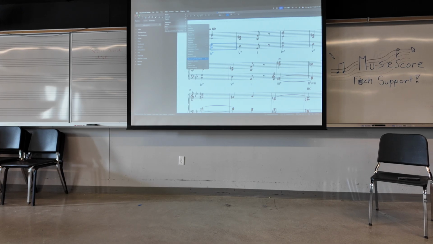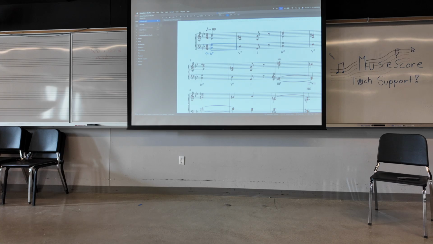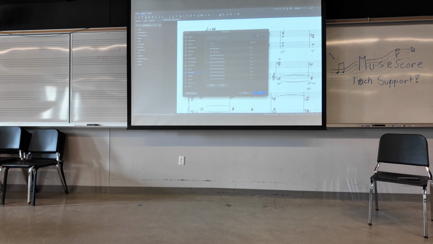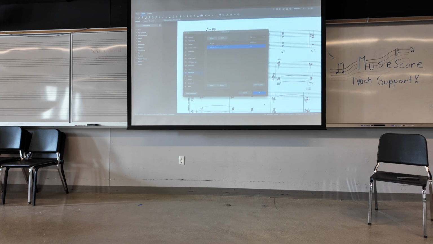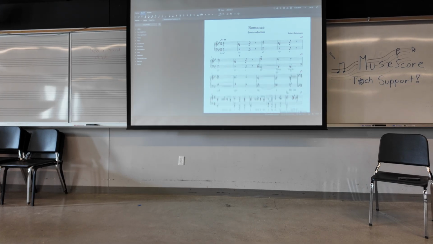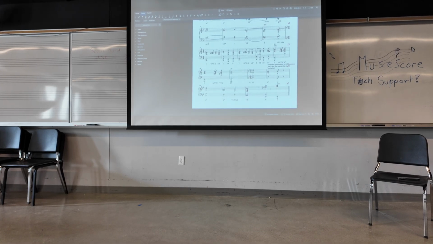Typically, it doesn't have a shortcut. But you can map a shortcut to it if you go to preferences, and then shortcuts. You can scroll and find whatever you want, or search Roman numeral analysis, and then map a shortcut to it. For me, I've done Shift K, which I find useful, especially if you're doing large amounts of Roman numeral analysis.